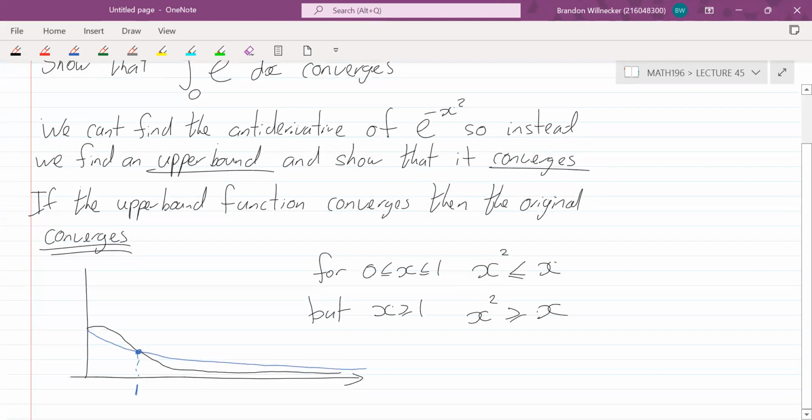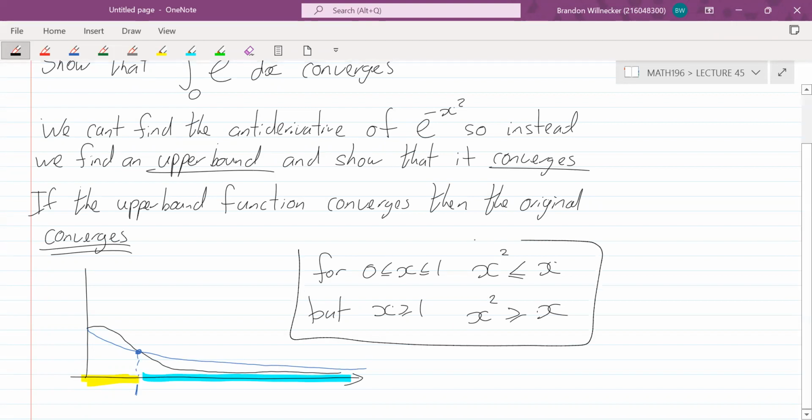Okay, so what we need to do is split this integral into 2 parts. One that's before 1 and the other that is after 1. Okay, because of this relationship here. Before 1, x squared is less than x. After 1, x squared is greater than x. So you see the functions switch.